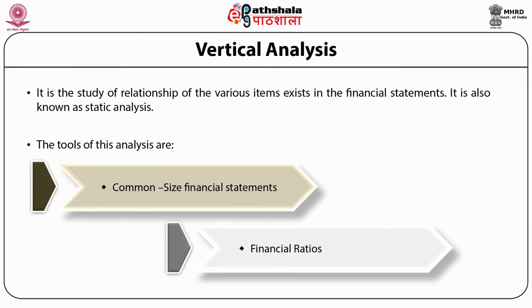It is not very conducive to a proper analysis of financial statements because it considers the data for only one time period. However, it may be used along with horizontal analysis to make it more effective and meaningful.